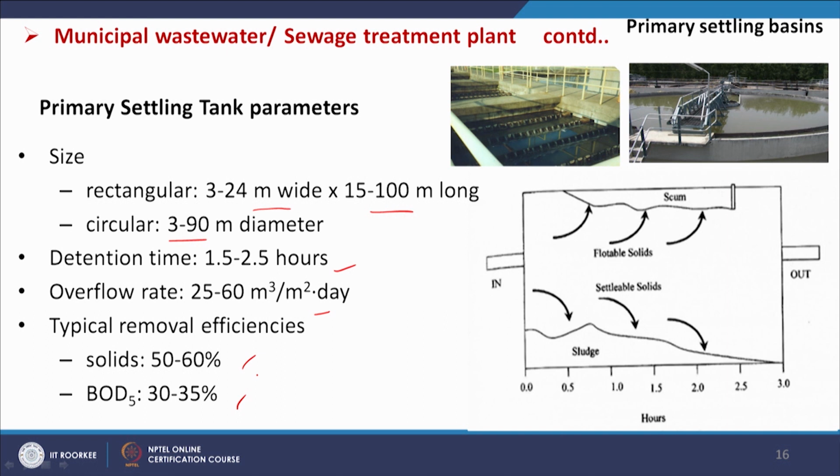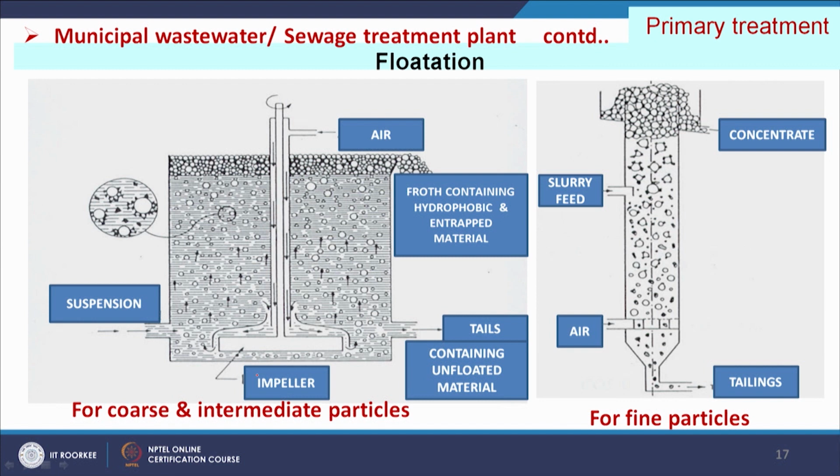That is the primary settling basin, and we will see the flotation unit. In the flotation unit, our objective is to remove the materials which are less dense by the application of air. So, here we are providing air and here the suspension is coming.